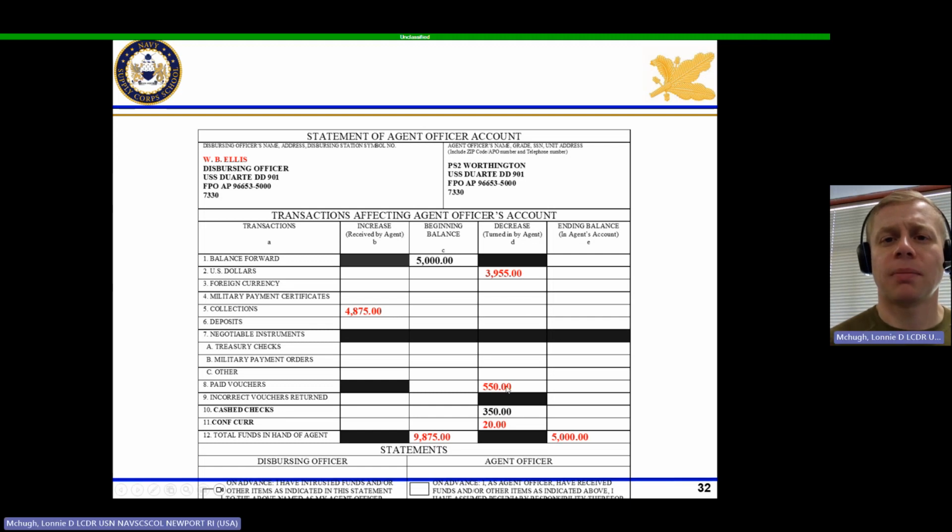So they are returning the paid vouchers. They're returning $3,955 in cash, $350 in cash checks, and the counterfeit currency to the disbursing officer, bringing their accountability back down to $5,000. On DoD Learn, there's a couple examples that you can walk through on this to help a little bit more. And we're running through this a little bit quick.